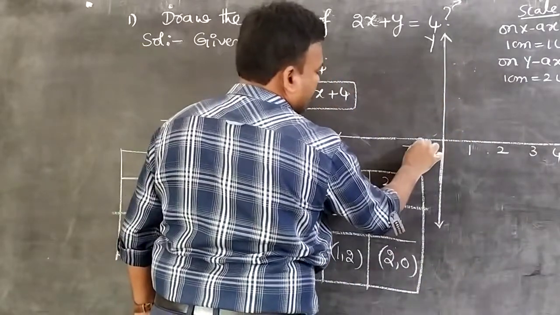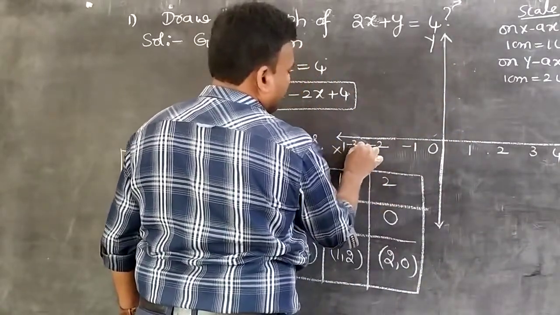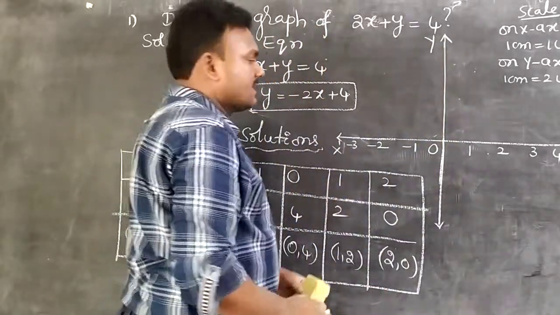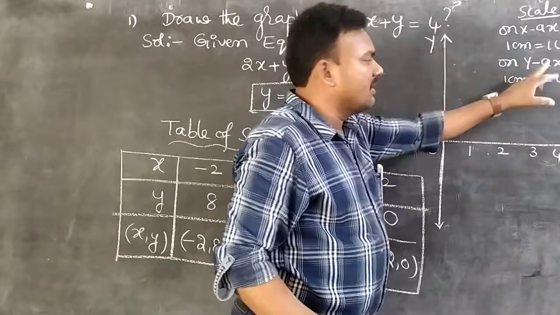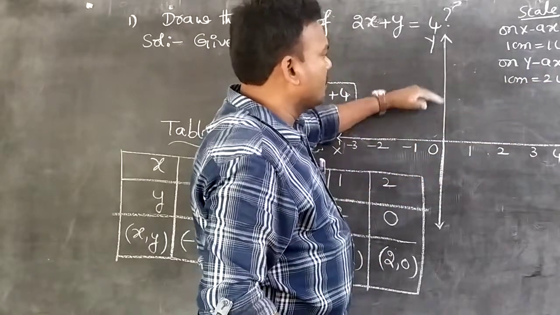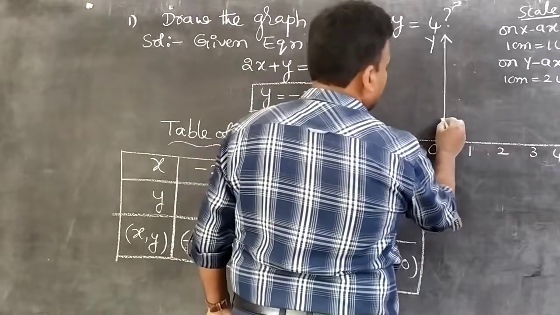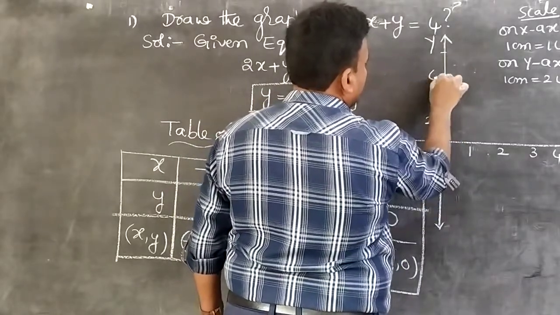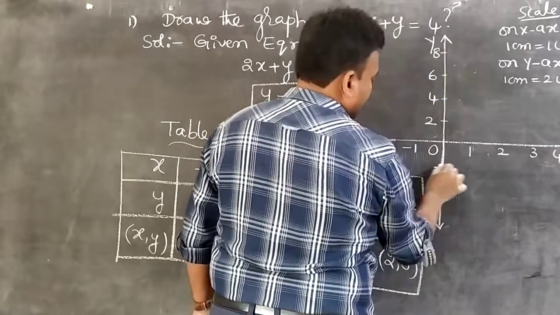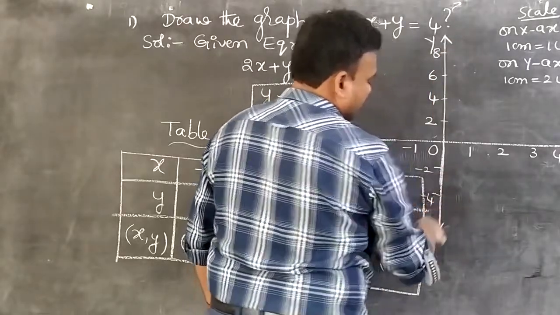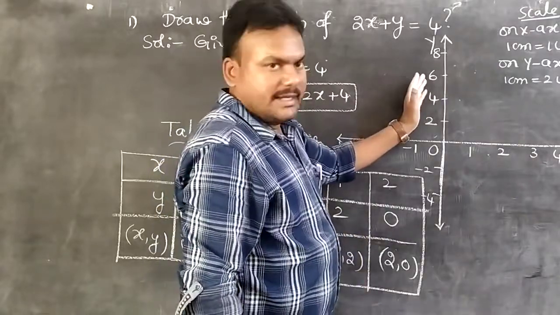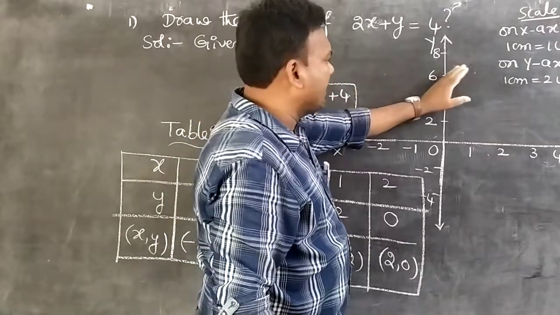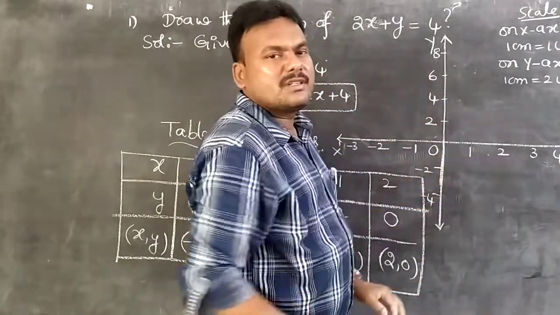On the left side, minus 1, minus 2, minus 3. On the Y axis, top and bottom, 1 centimeter equals 2 units, meaning it increases by 2: 2, 4, 6, 8, and again minus 2, minus 1.